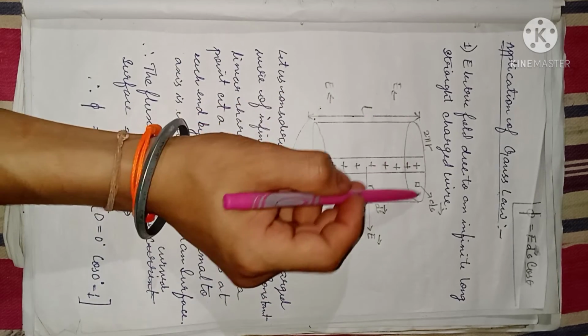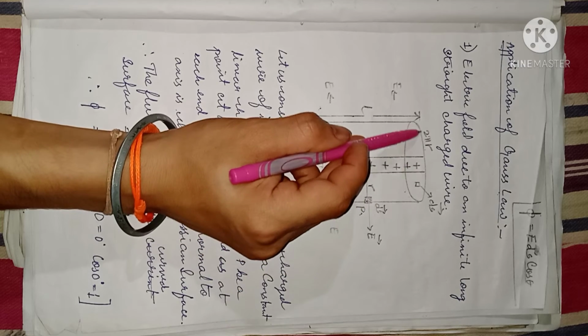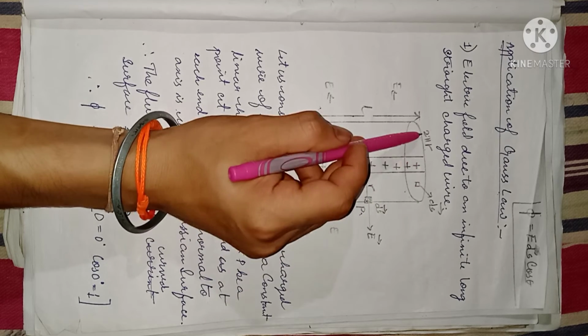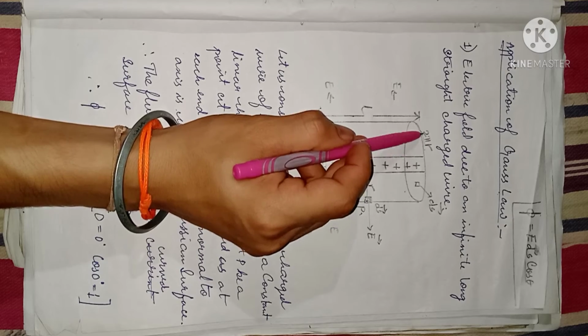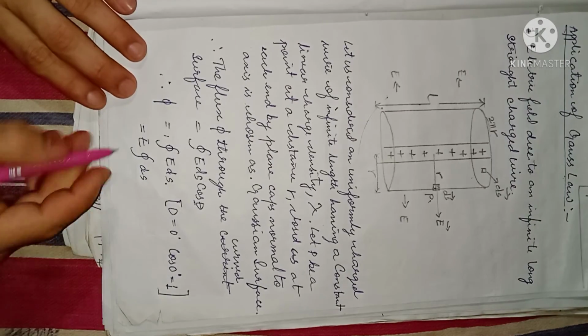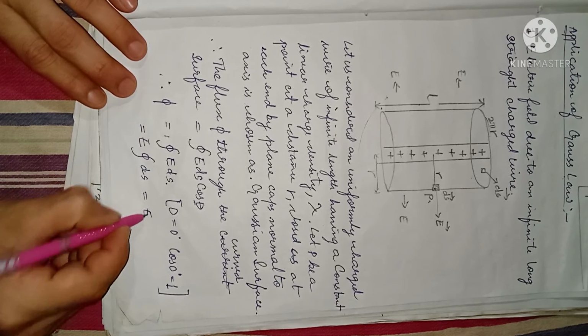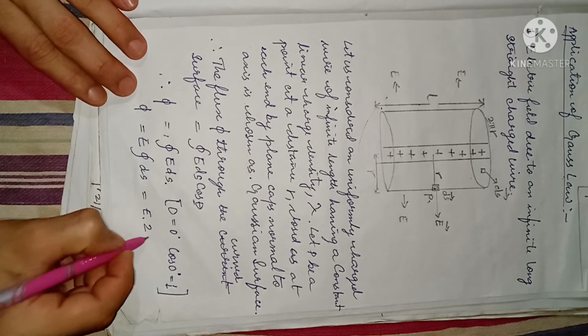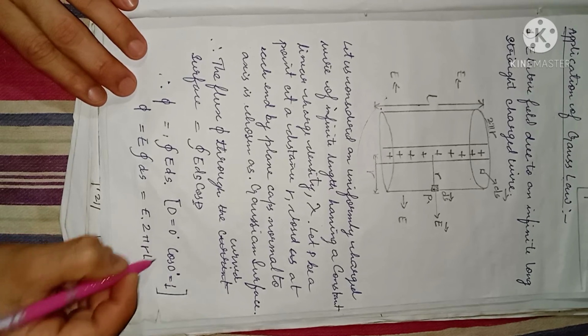The surface, the length or surface. Closed integration of the closed cylindrical surface equals the circumference, that means 2 pi r. So phi is equal to E into 2 pi r l.